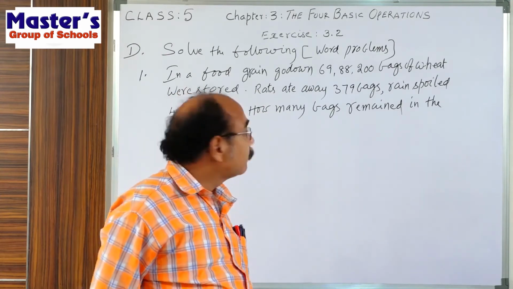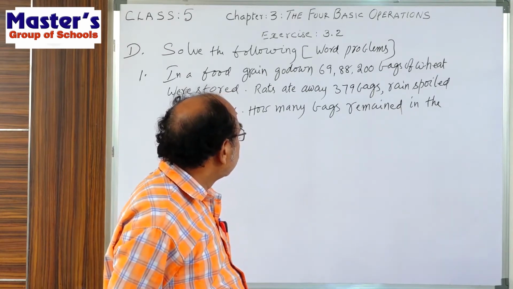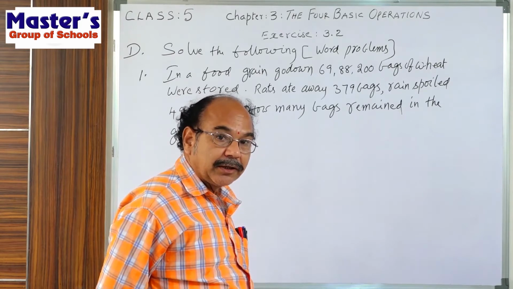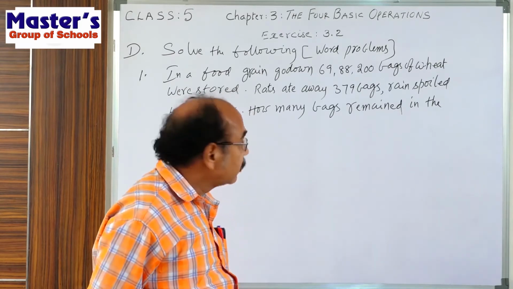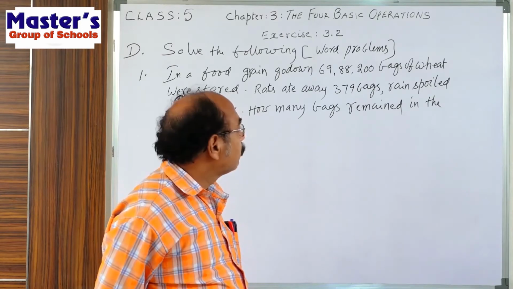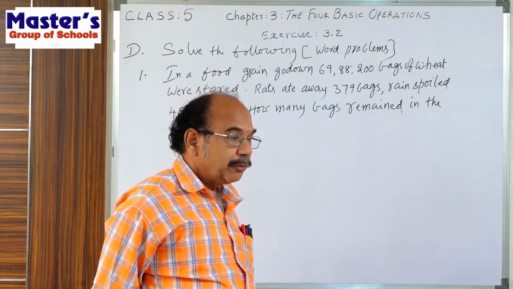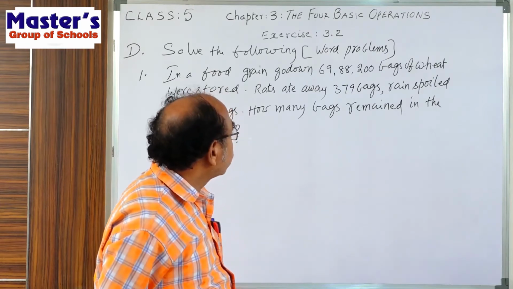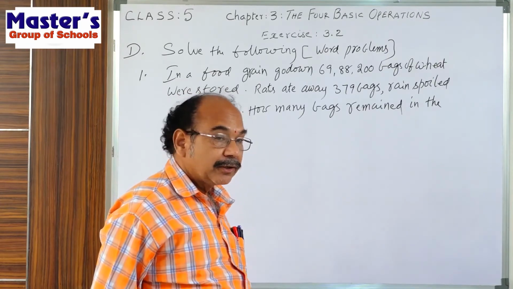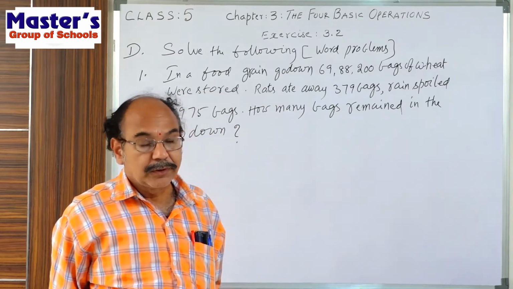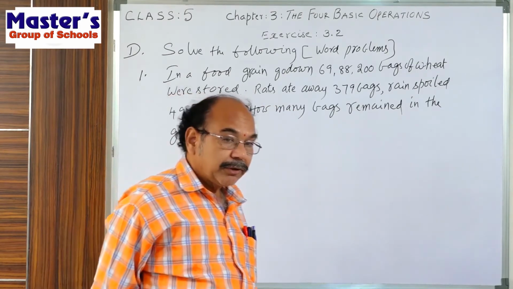Now what happened? Rats ate away 379 bags. Rats are there. Rats will eat now. So rats ate some bags. How many bags were eaten by rats? 379 bags. Okay, children. Next one.